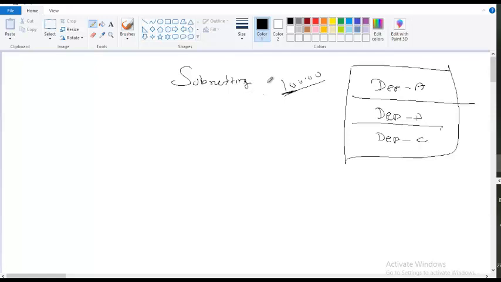Any company you go to, you will find only one network. How many departments they may have, we don't know, but each department will have a network starting with the same number. If one department's net number starts with 10, all departments' first octet will be 10 only. For the entire company, their policy is to use the 10 network.